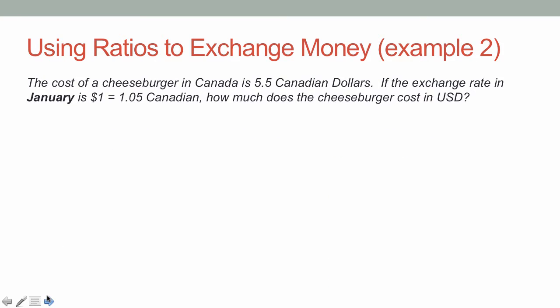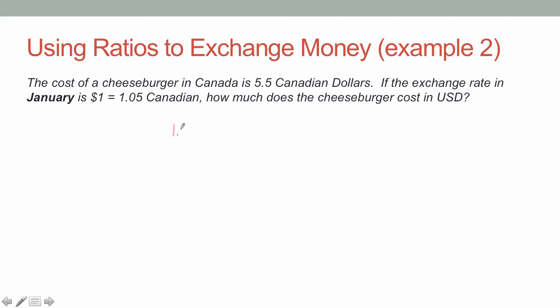Let's look at another example here. Now the cost of a cheeseburger in Canada is about 5.5 Canadian dollars, right? Oh, Canada. If the exchange rate in January is $1 to 1.05 Canadian, how much does it cost me in United States dollars? All right, let's set up my ratio problem.